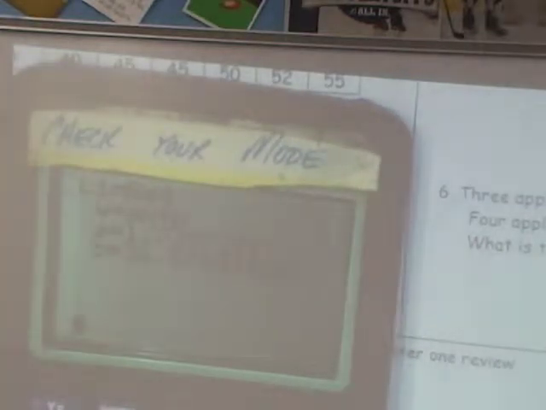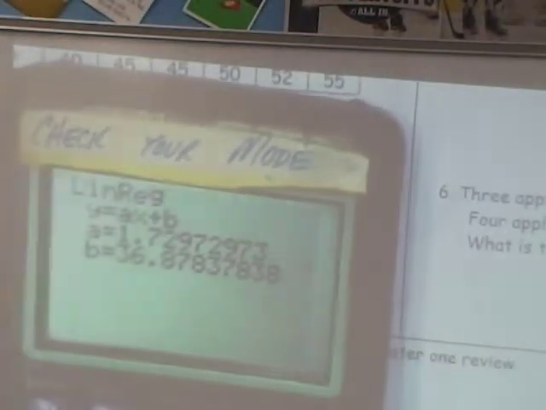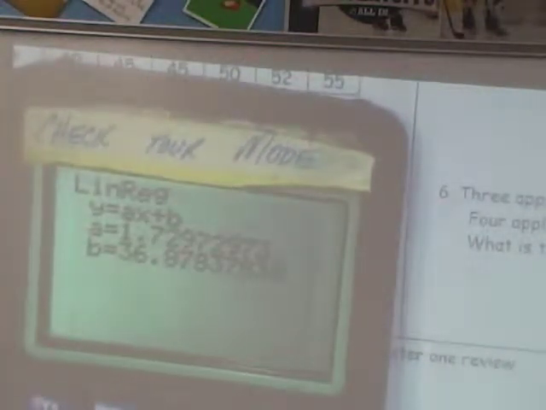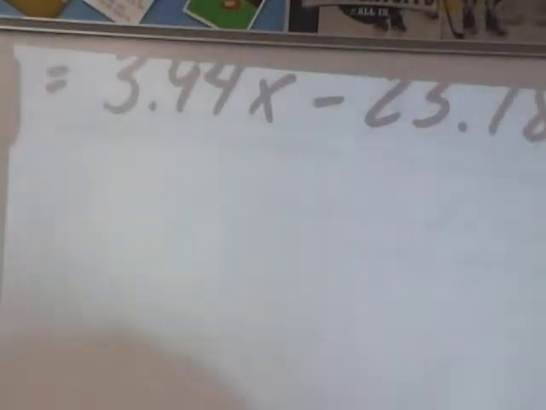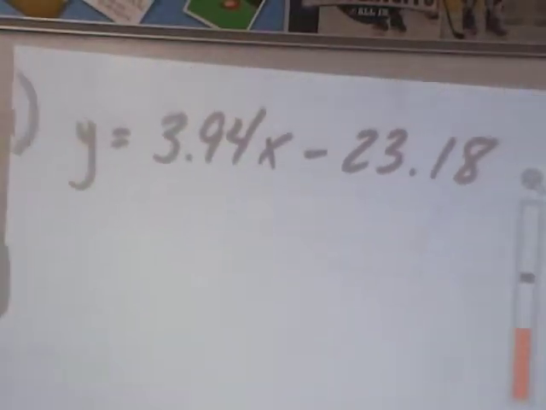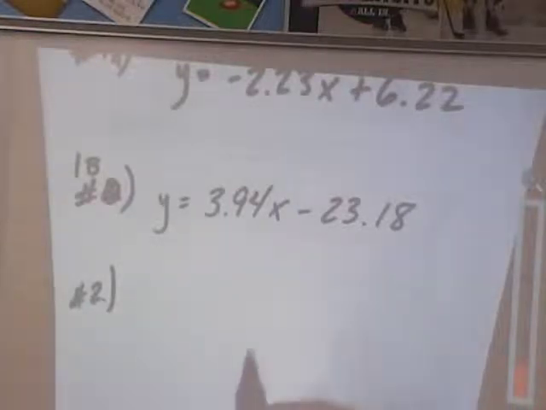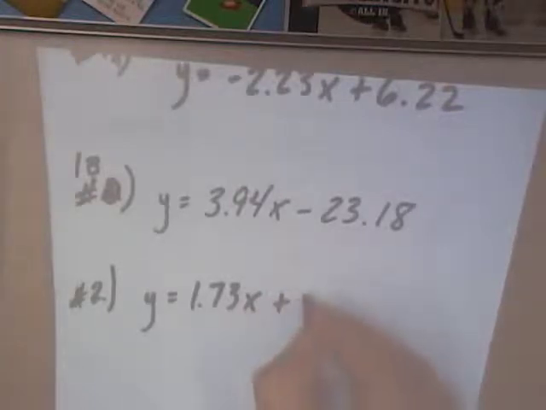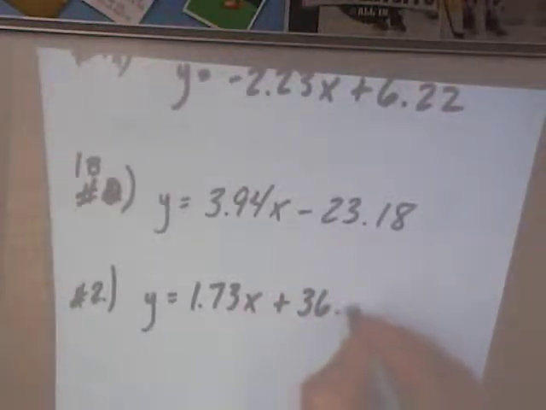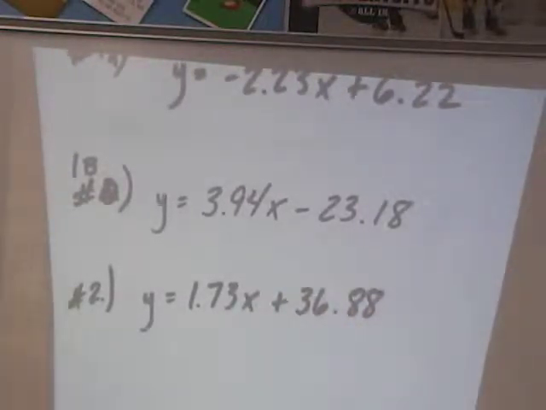Alright, I got slope of 1.73 and y-intercept of 36.88. Anybody get something different? Questions on number 2?